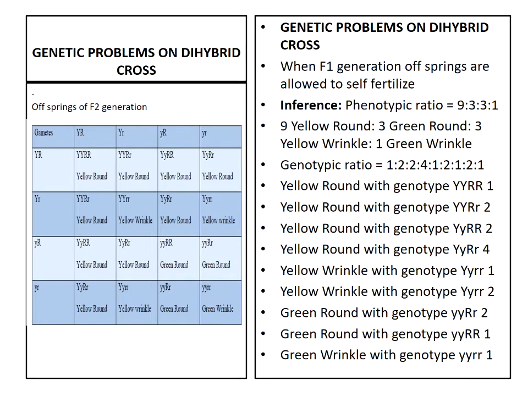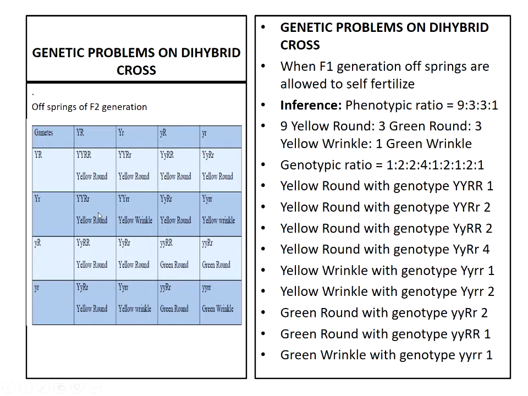The first one is yellow round with the genotype capital Y, capital Y, capital R, capital R, and its number is 1. And also yellow round with genotype capital Y, capital Y, capital R, and small r. The number is 2. So here it's 1 and here it's 2.